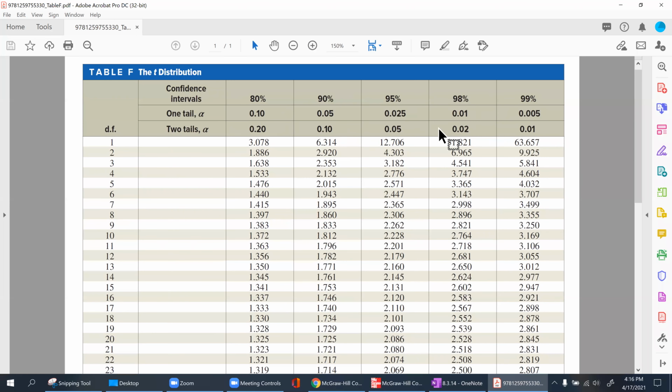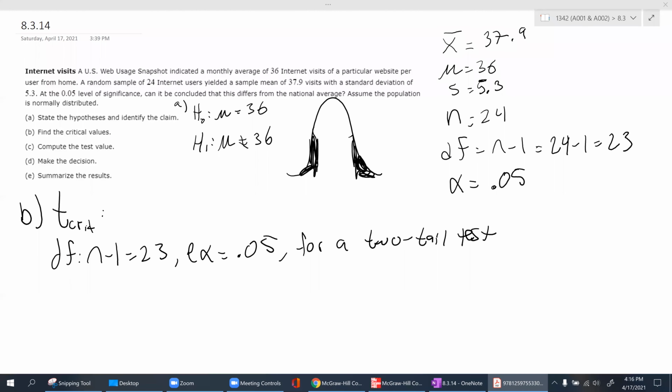For a 0.05 two-tailed test, I should get 2.069. Very nice. So I know this is a two-tailed test, so this is going to be plus or minus 2.069.